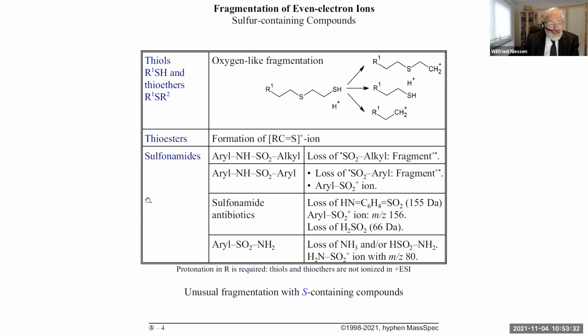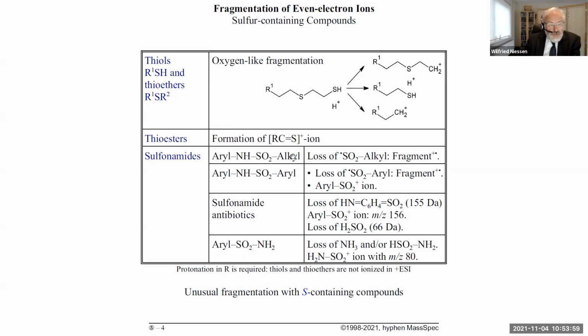Quite a number of sulfonamide antibiotics, which are synthetic antibiotics and widely used, have been studied. Interestingly, these show somewhat different fragmentation from many other sulfonamides.